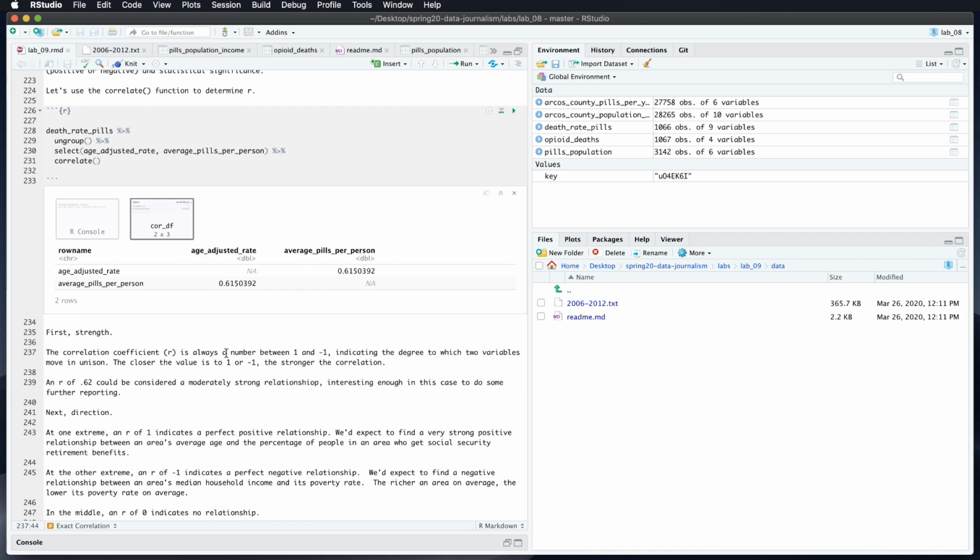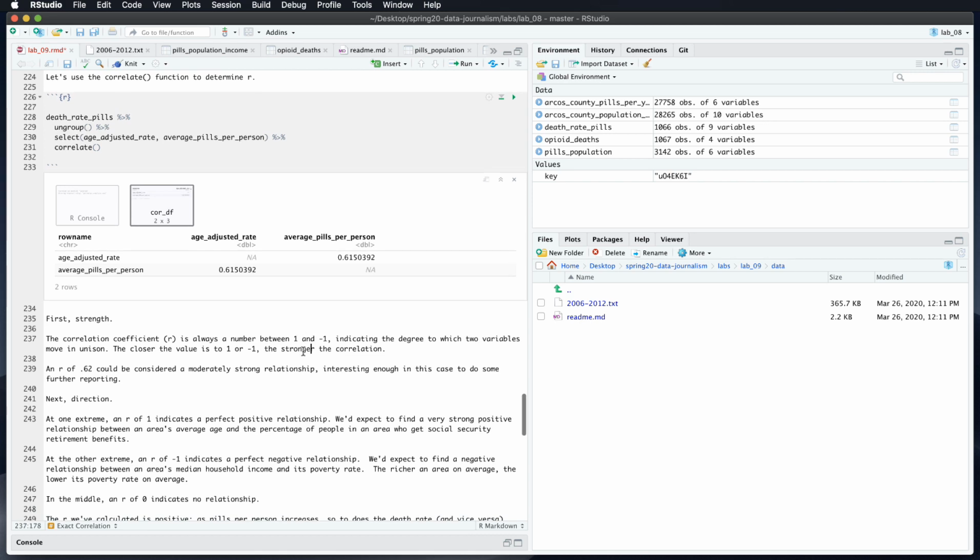So again, the correlation coefficient, always a number between 1 and -1, indicates the degree to which 2 variables move in unison. The closer the value is to 1 or -1, the stronger we consider the relationship to be. So this is 0.62.